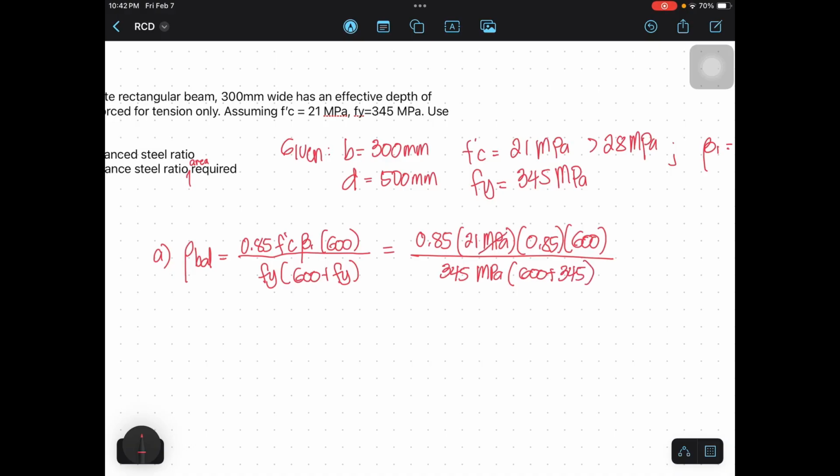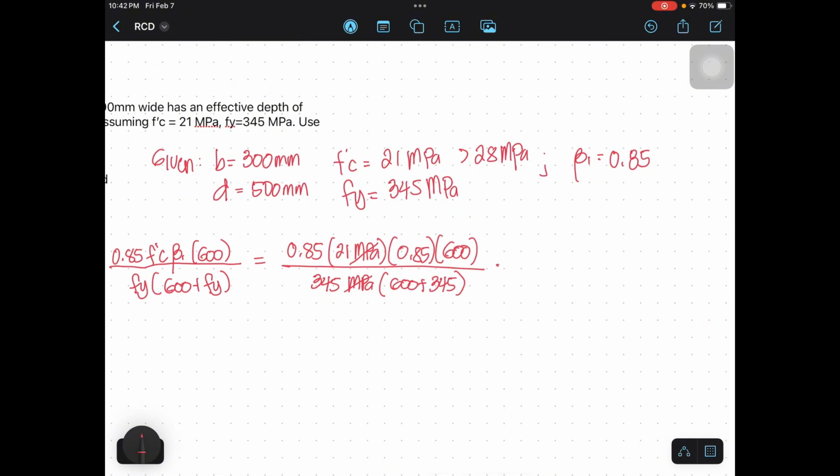So, cancel na yung megapascal. So, yung balanced steel ratio natin is unitless. So, therefore, by using calculator, yung ating balanced steel ratio is 0.02792, unitless since this is a ratio.